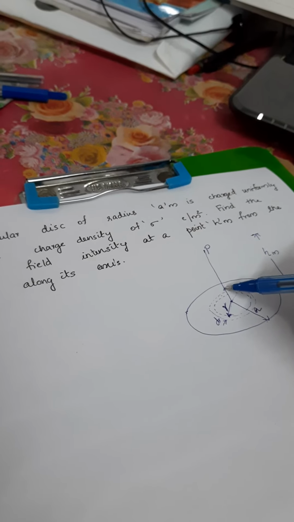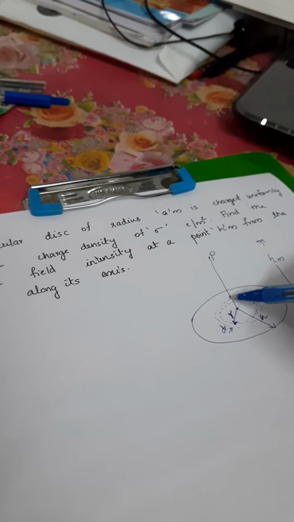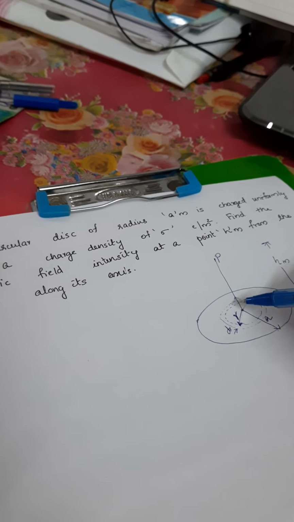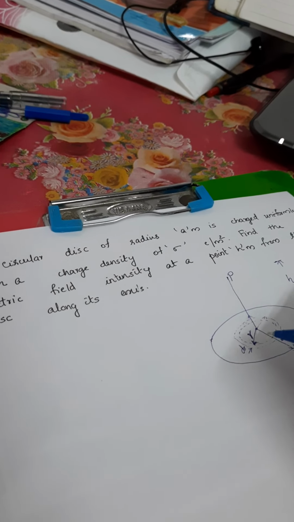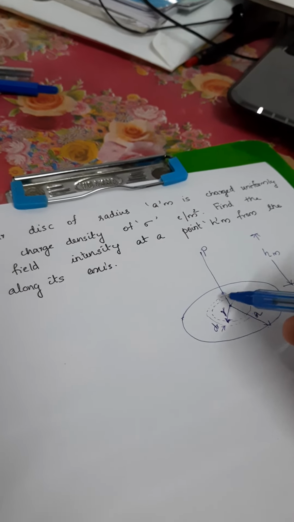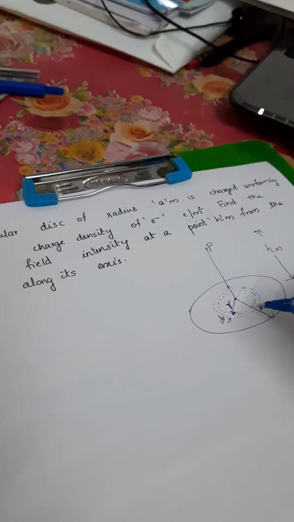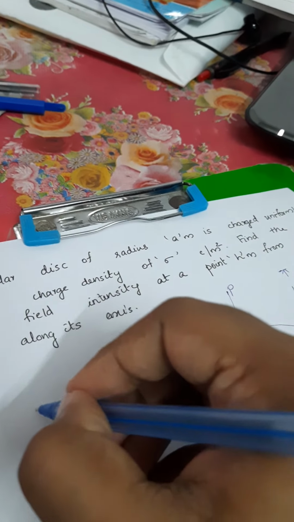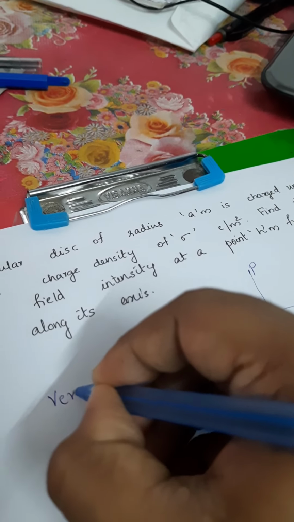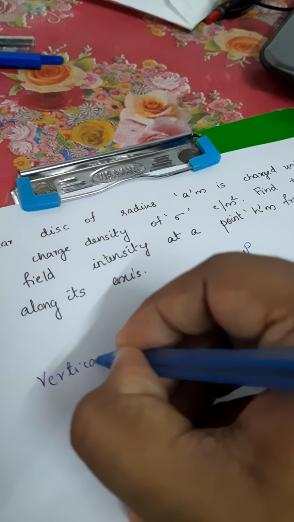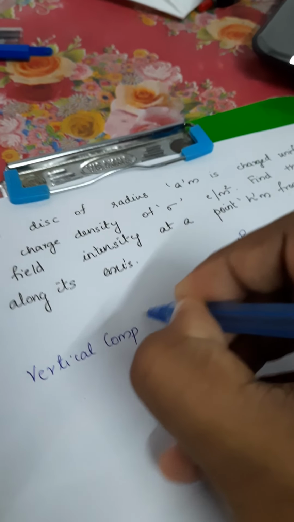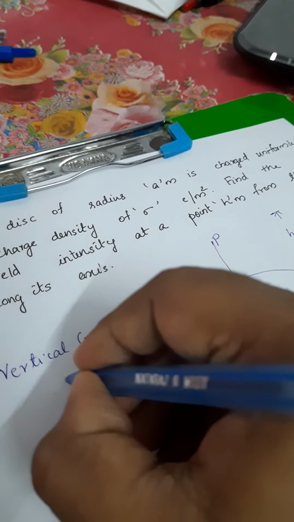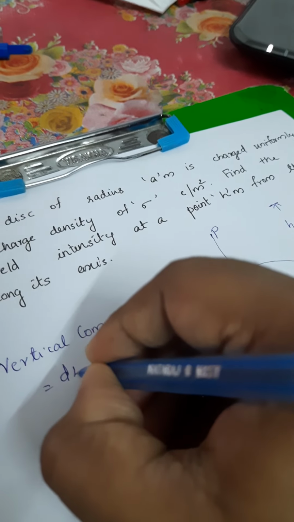So the remaining is only the vertical component of all the electric field intensities. When we consider the small annular ring having radius r, only the vertical component of the electric field intensity will remain. That vertical component we can represent as dE cos theta.